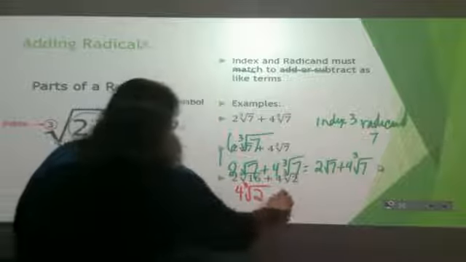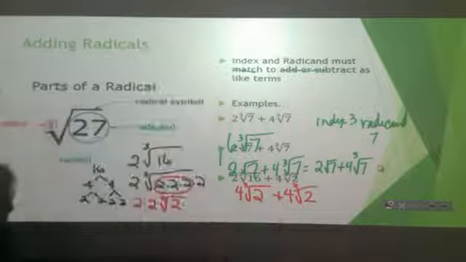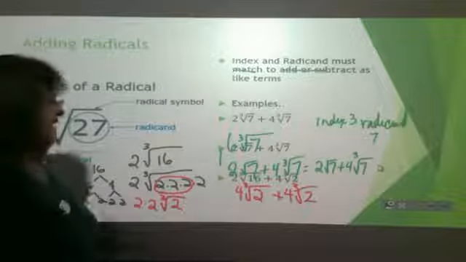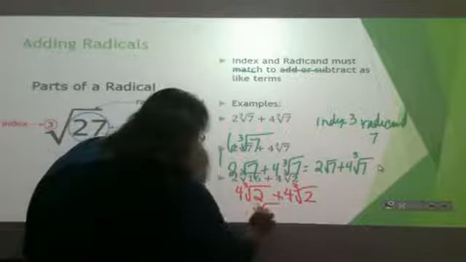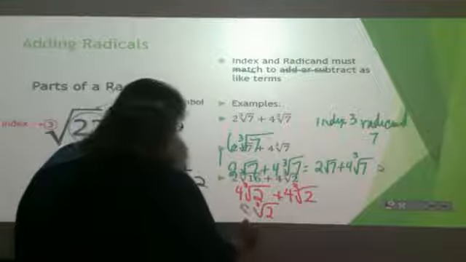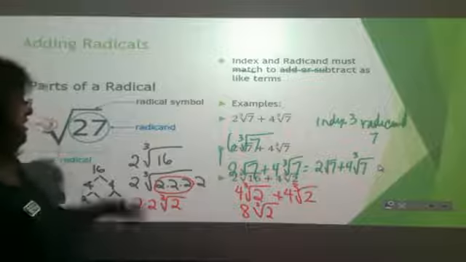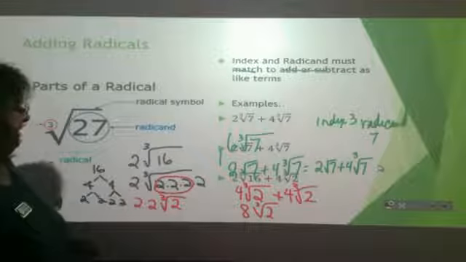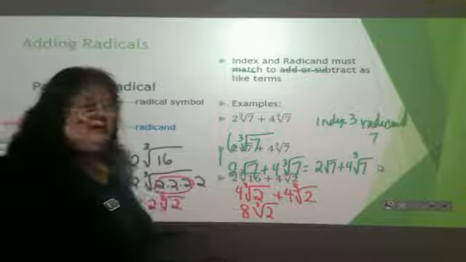And the other one was 4 cube roots of 2. So now the index matches and the radicand matches. So we have cube roots of 2. How many do we have? 4 plus 4. And this would work whether it's addition or subtraction. See if your radicals can be simplified, because sometimes they're hiding where it doesn't look the same, but they really are.